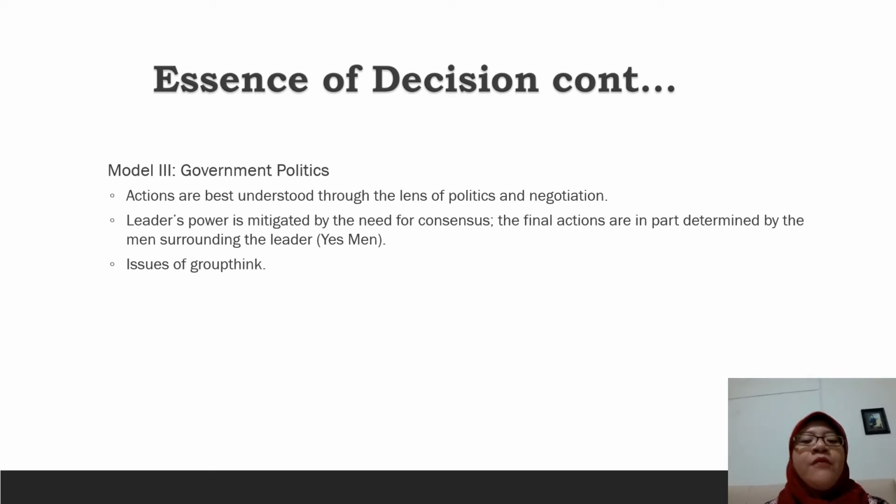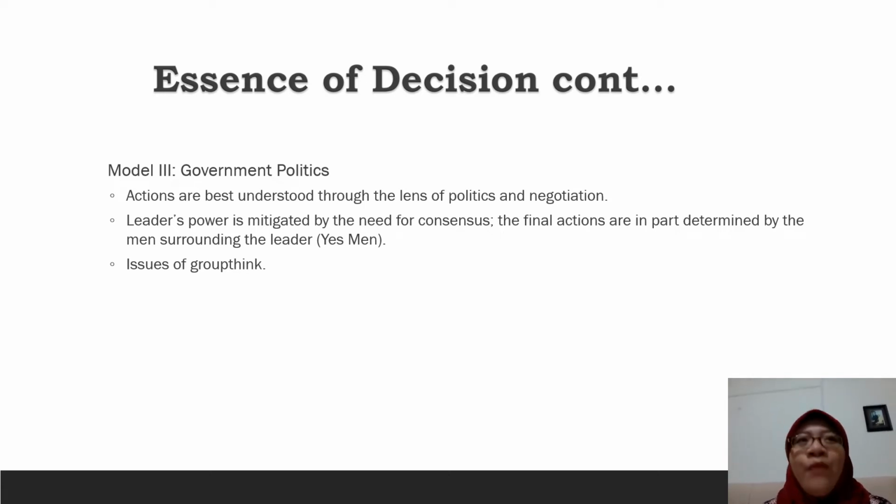The third model is government politics. Usually these actions are best understood through the lens of politics and the negotiations among actors. The leader's power is mitigated by the need for consensus, and the final actions are in part determined by the men surrounding the leader. Model three is more likely found in China: yes men, yes sir.